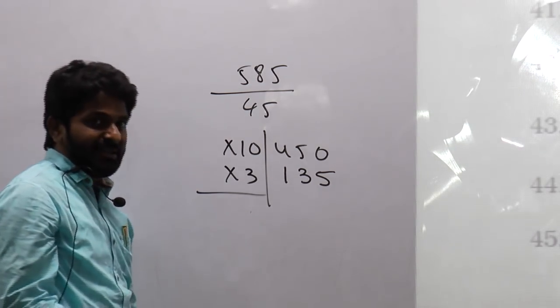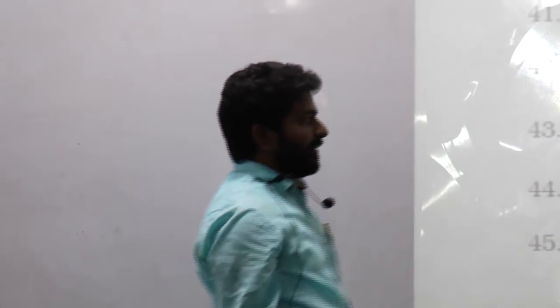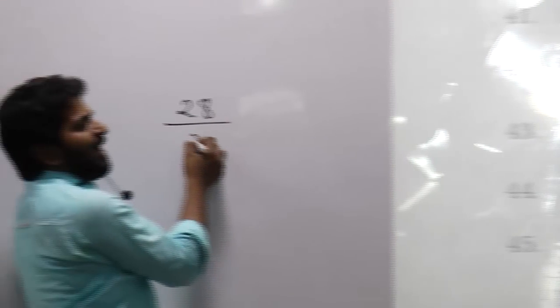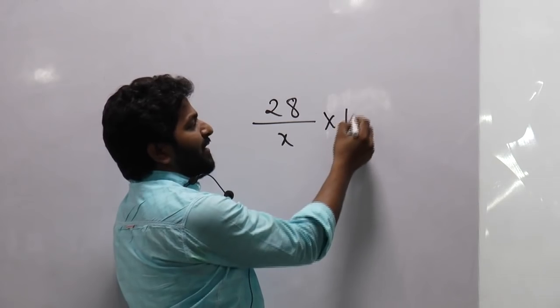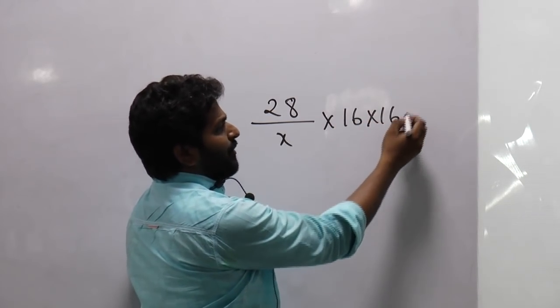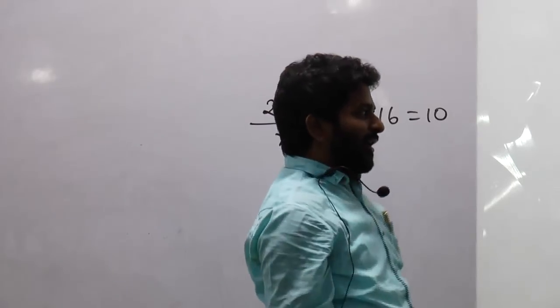Under root 786. 28 divided by x. 28 by x into 16 square. Let me write it as 16 into 16. Don't do that. And 1025. Wait a minute. You can treat this number as 1024.